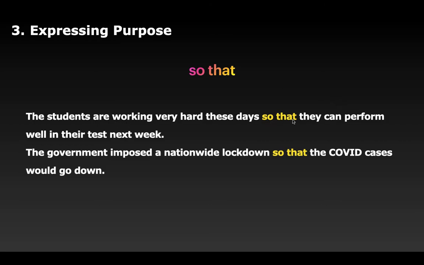And in the second part of the sentence, where the connecting word is, you also have another set of subject and verb. They and can perform. So you have to make sure that when you use these connecting words, you have your own set of subject and verb. Okay, let's move on to the last one.